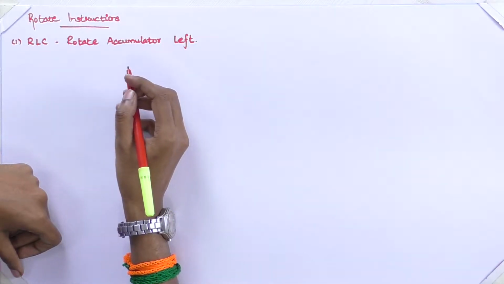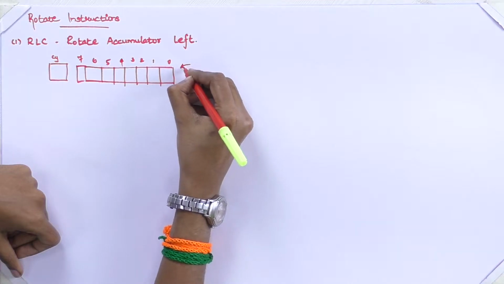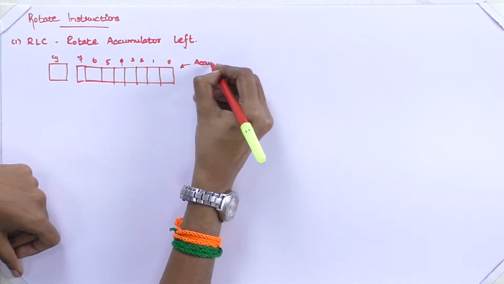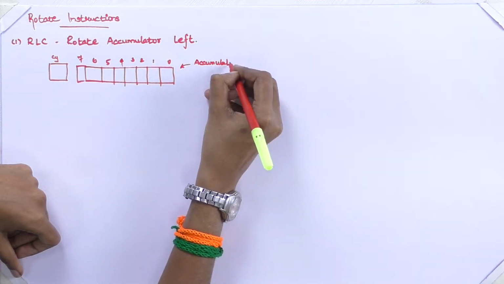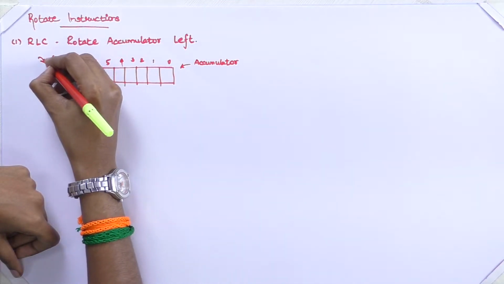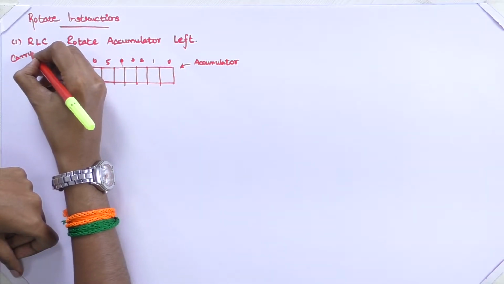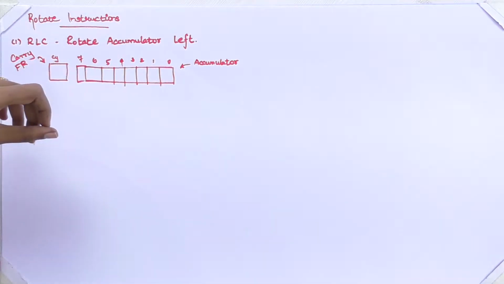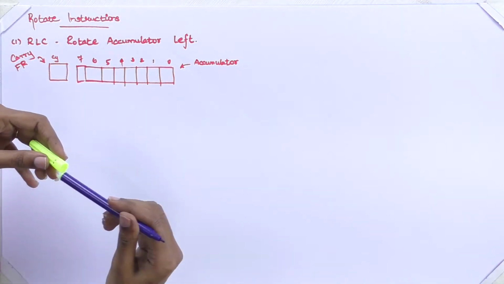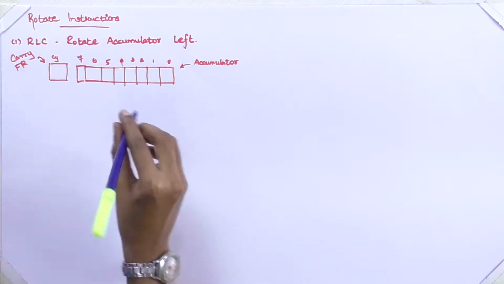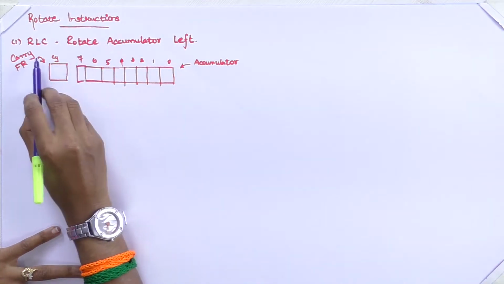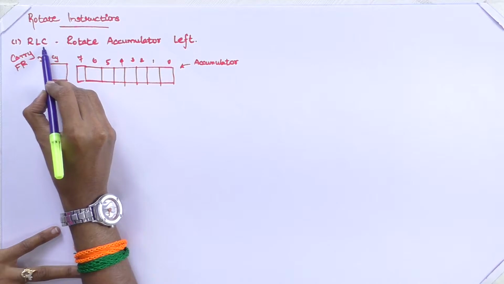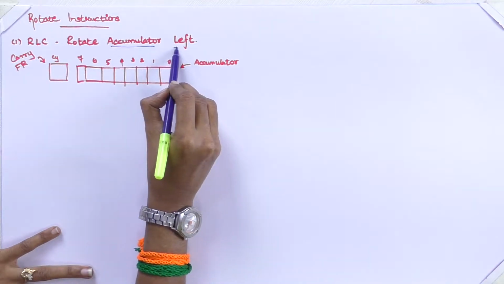So we will see it with an example. This is your accumulator register, and this is the carry bit in the flag register. The instruction says you have to rotate the accumulator towards left.